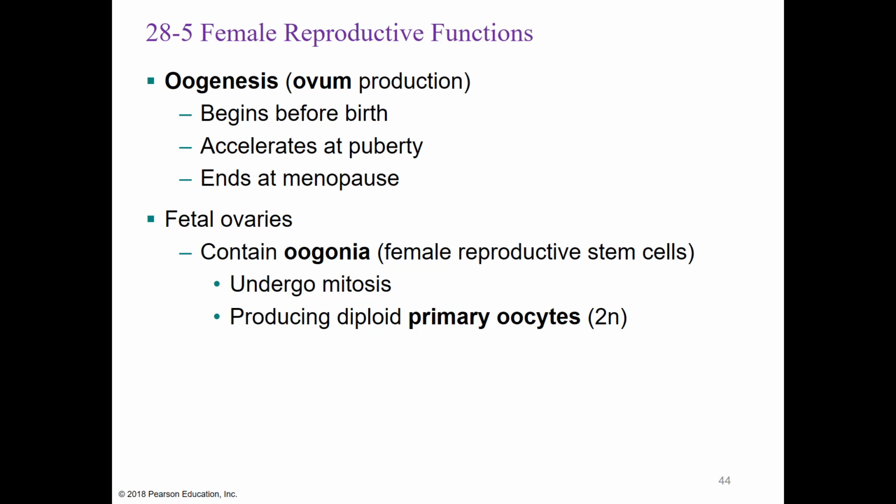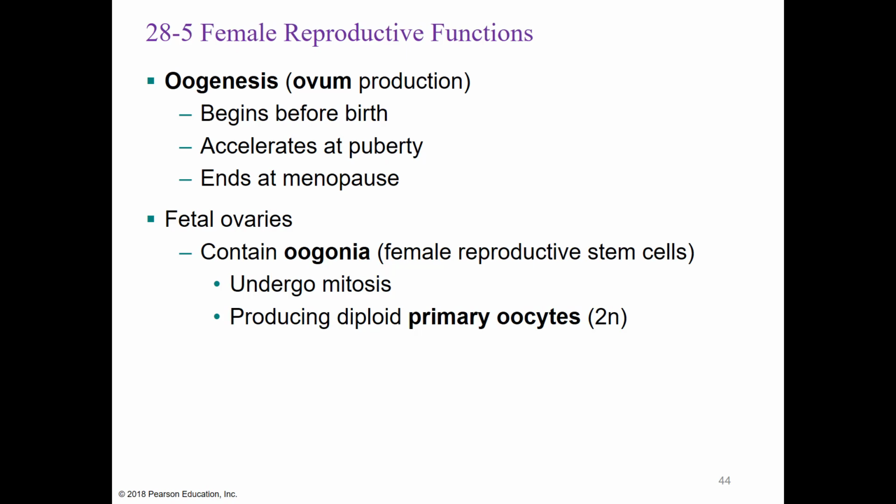The female ovaries contain oogonia, which are female reproductive stem cells. Their job is to undergo mitosis, and they will produce diploid primary oocytes, and that means the full complement of the human DNA. So we'll have 46 chromosomes in these oocytes, which is not where we want to be.